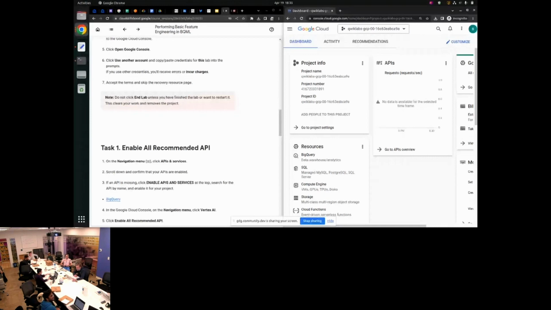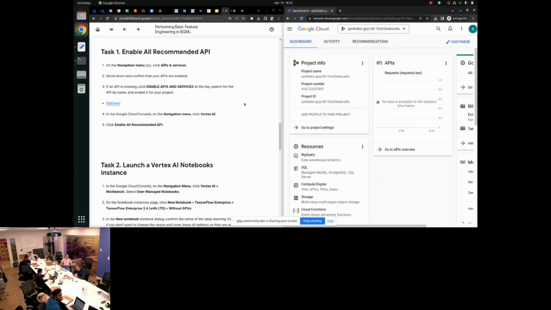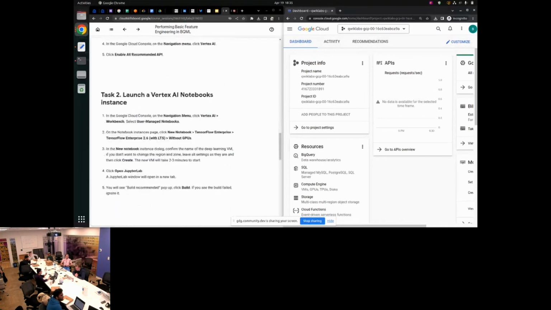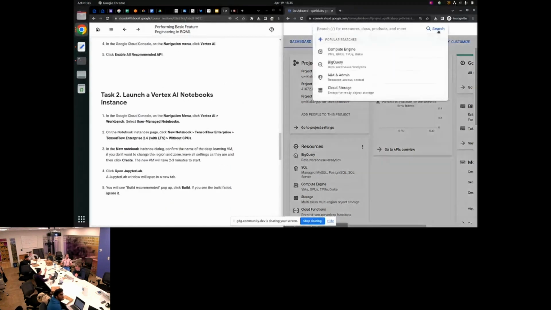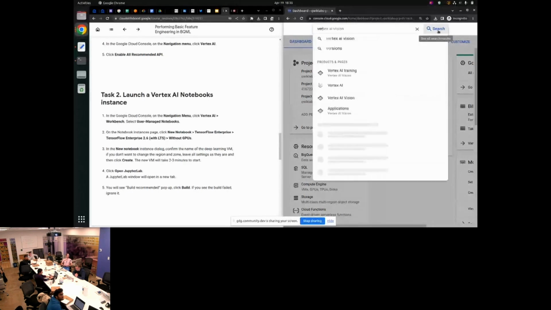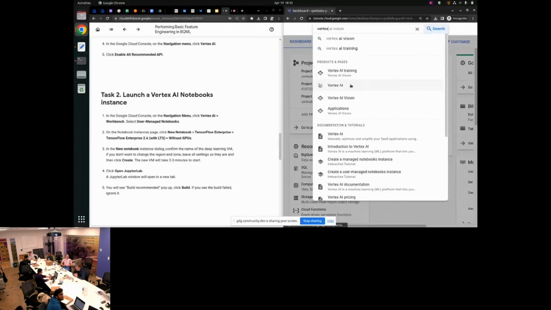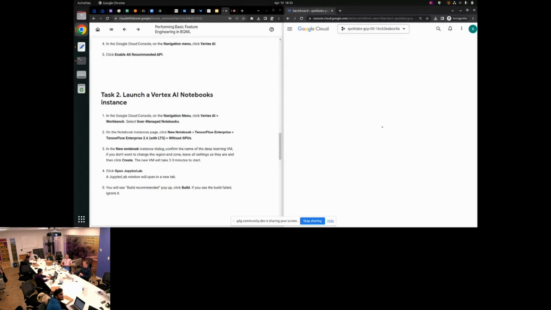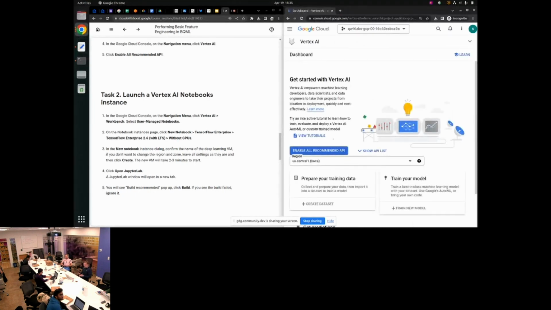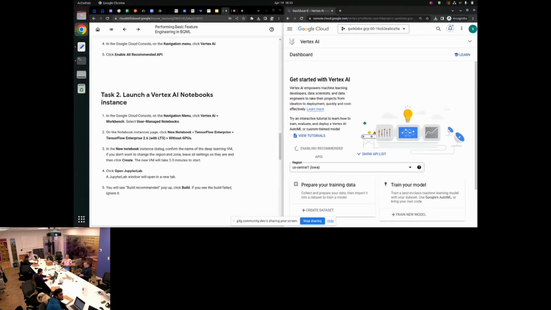Okay, so we basically did the first part of it. We are inside the lab, and now let's launch the Vertex AI, and that would be your go-to whenever you need a Jupyter notebook. So enable the recommended APIs, and then there should be a Workbench in the side.